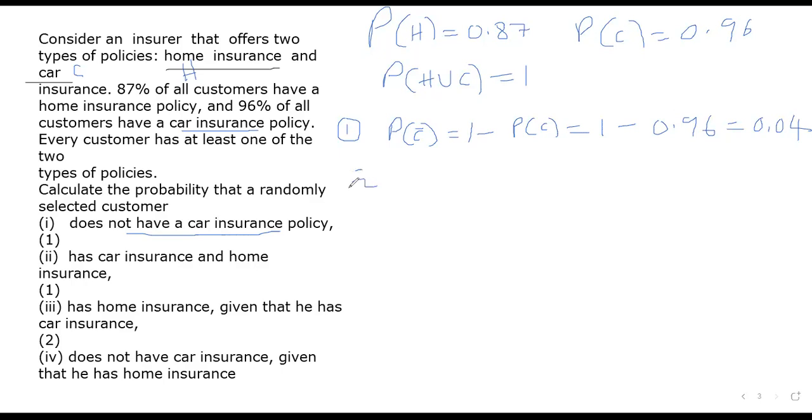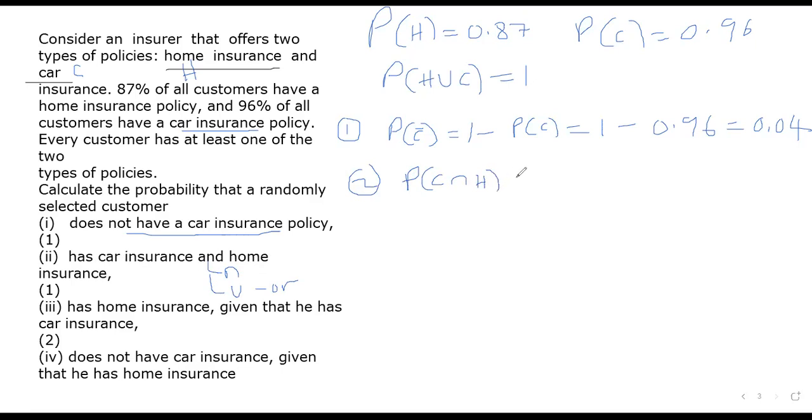In part two, what is the probability that one has car insurance and a home insurance? Word "and" is the same as intersection. Union goes with "or". So find the probability that he has a car and home insurance. So probability of C intersection H. How do you find it?